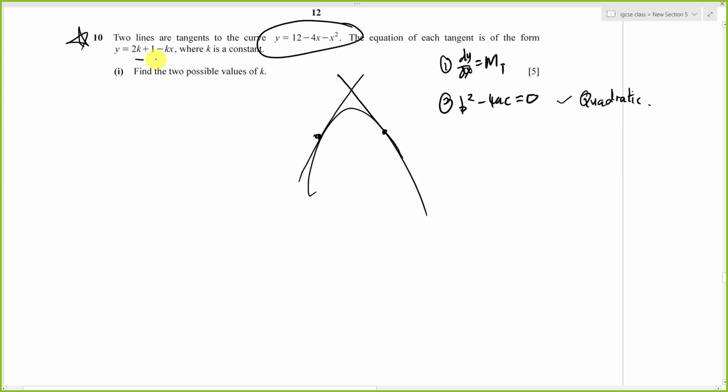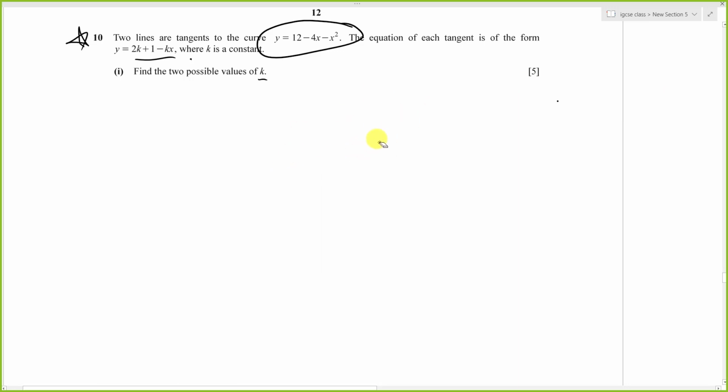Then we have the unknown in my straight line, and they ask us to find k, so I pretty much confirm we are using the second method, b squared minus 4ac equals 0. Because to use the first one, normally they will tell you the tangent at which coordinate, like coordinate A or coordinate B. They don't give you any x value, so I will just ignore method number 1. So therefore, I know it's b squared minus 4ac equals 0.